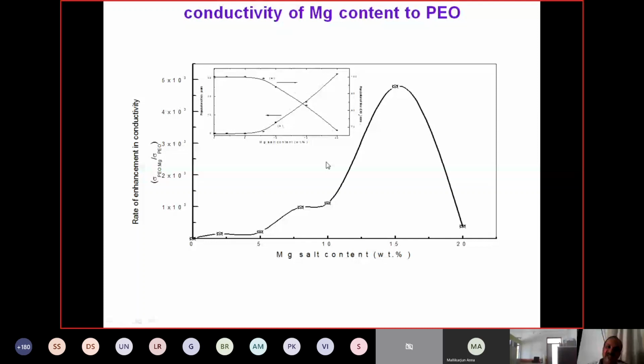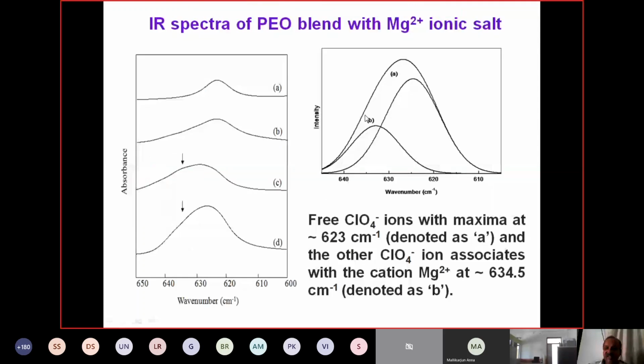That means salt aggregation is taking place here, so the conductivity is decreasing. But even the crystallinity is decreasing. Okay. So here the ClO4 ions are increasing, and because of the ion pair formation, the conductivity of that material is decreasing. Okay. So this is the drawback of the polymer materials.